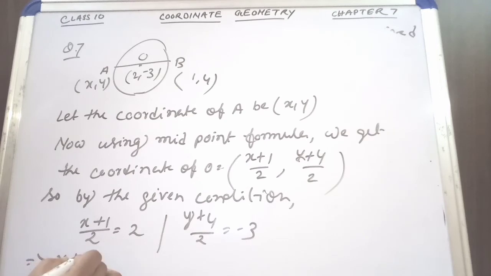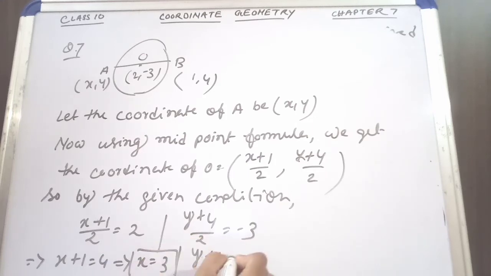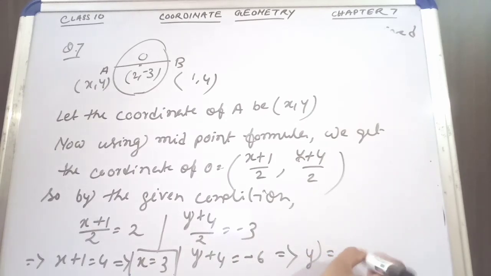That means x plus 1 is equal to 4. This implies x is equal to 3 and y plus 4 is equal to minus 6. This implies y is equal to minus 10. So the coordinate of A is 3 comma minus 10.